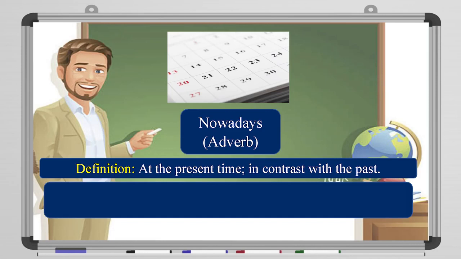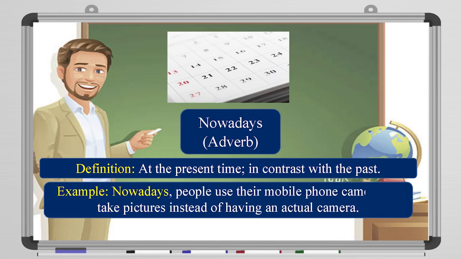So, like I said before, in the past, people used to take the news by hearsay and writing them down. Nowadays, we use the internet. See, I used the word again. We did it before, right? Look at the example. Nowadays, people use mobile phone cameras to take pictures instead of using actual cameras.